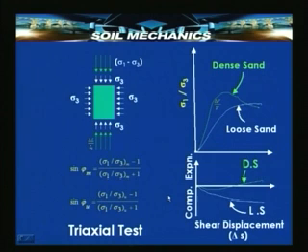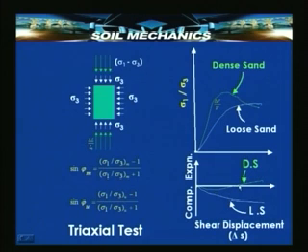Now, if you take the triaxial test, again dense sand and loose sand will behave in a similar manner. If we plot sigma 1 upon sigma 3 against the shear displacement, or the axial displacement in this case, we will get a diagram very similar to what we got for the direct shear test, and this again shows that there is a peak value of phi and an ultimate value of phi, both of which can be computed from these simple relationships. Here again there is a compression in the early stages.